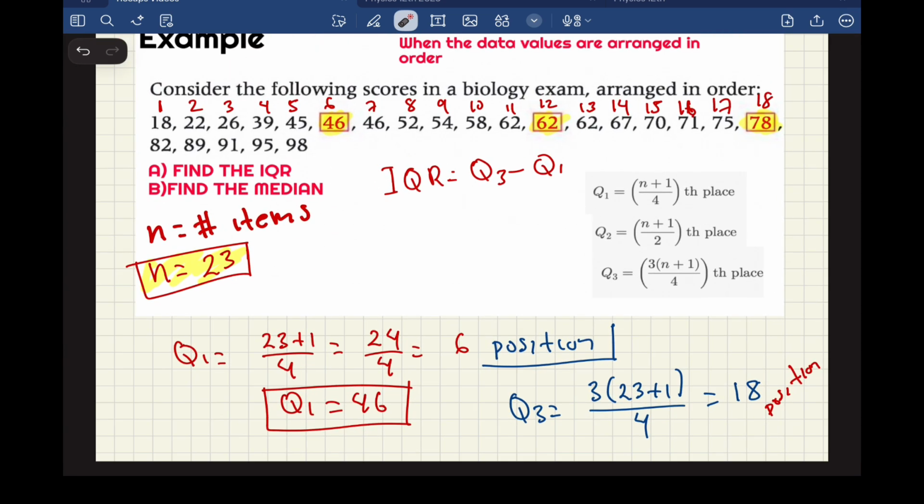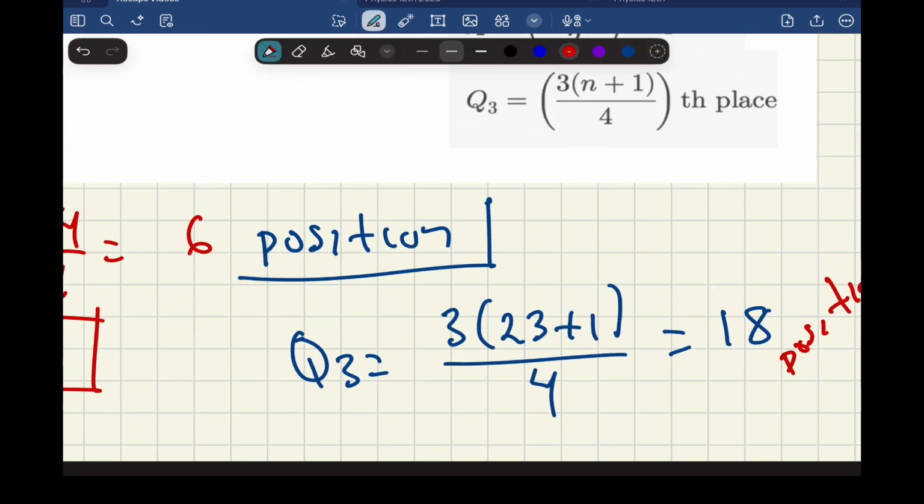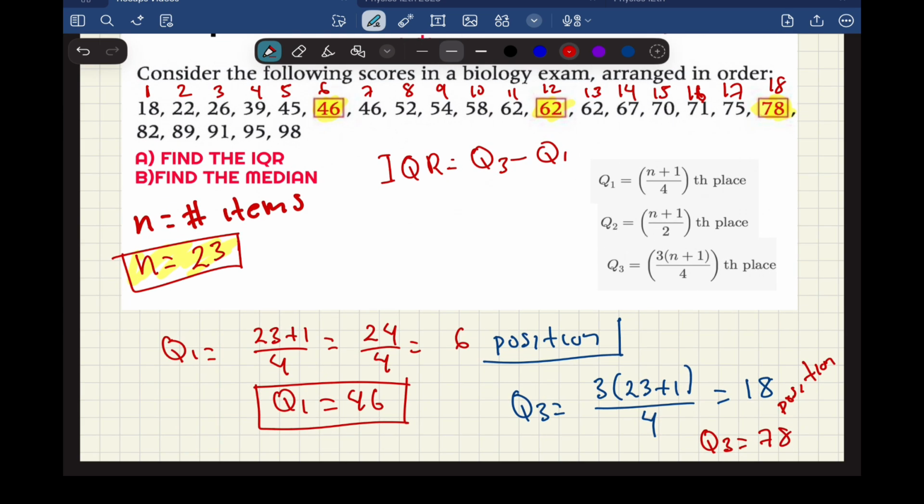So our Q3 is 78. So what would be the IQR? The IQR is the subtraction 78 minus 46. Okay, and this would be the IQR, 32.